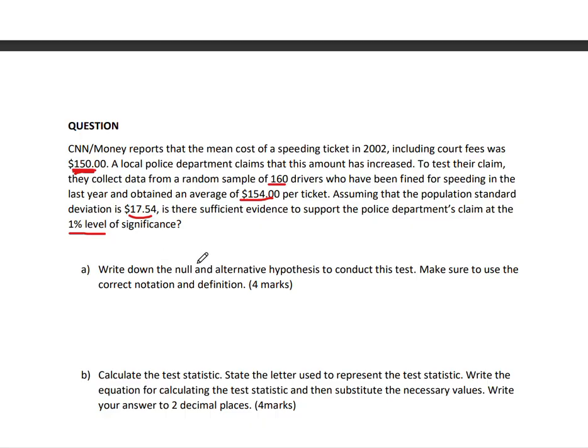We can use the Z distribution or standard normal distribution to carry out this test simply because we know the population standard deviation, and moreover the sample size is considered to be large, greater than or equal to 30. The sample size is 160, and the standard deviation of the population is known. So the conditions for using a Z test are valid.